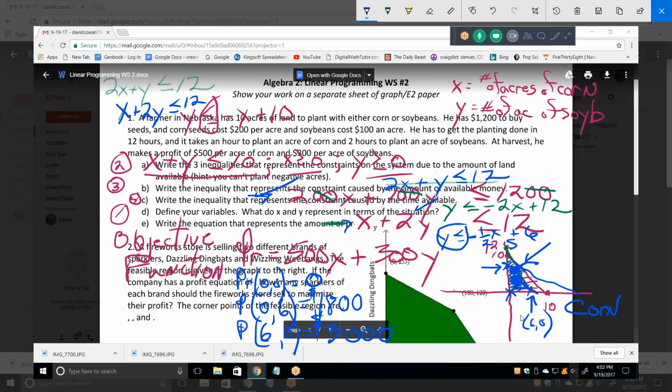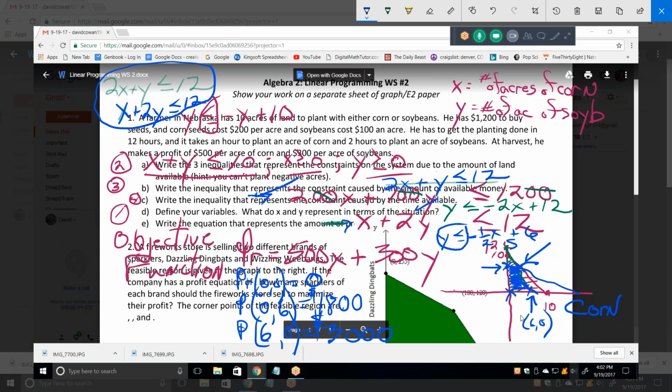In other words, where the time constraint inequality crosses the price constraint inequality, in this case, only because we're looking at it on the graph, and I can tell it's where the green crosses the blue, not where the red crosses. Where the green crosses the blue. If I had a bigger chart here, it would show up more clearly. Okay? So that's going to give us the coordinates of our X and Y.